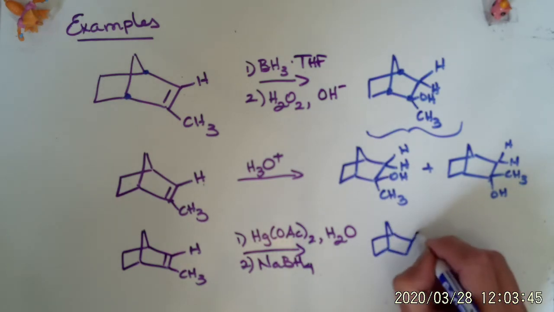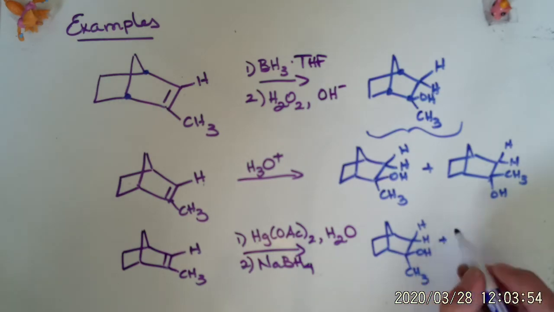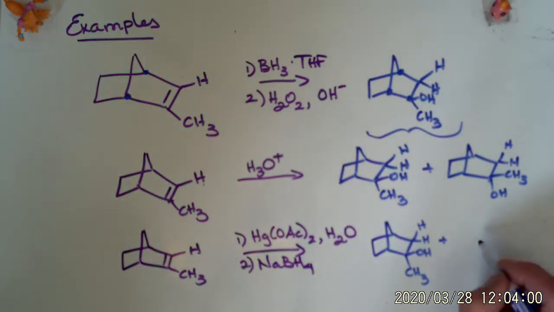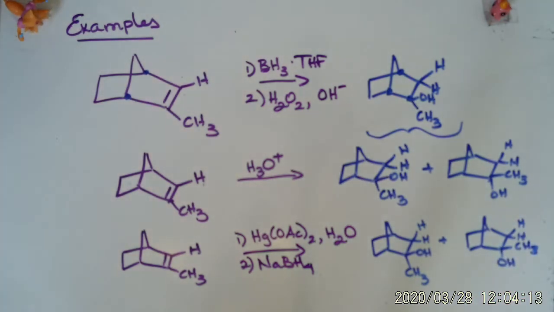What about oxymercuration? When you do the reduction, it turns out to remove my mercury. It turns out we quote-unquote scramble that chiral center. Because of that, you also get the mix.